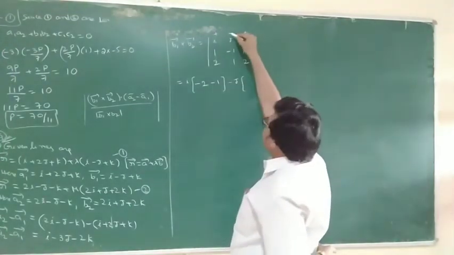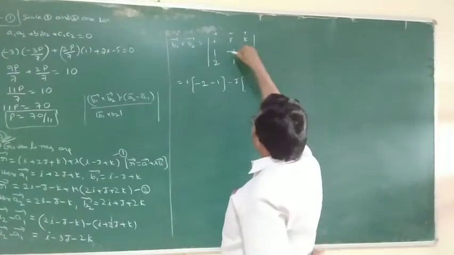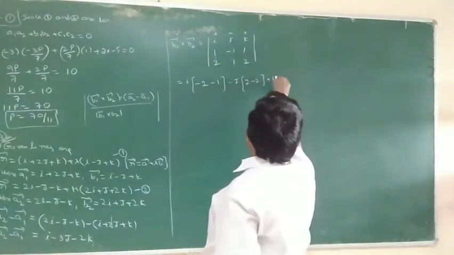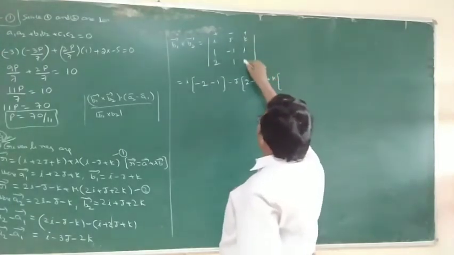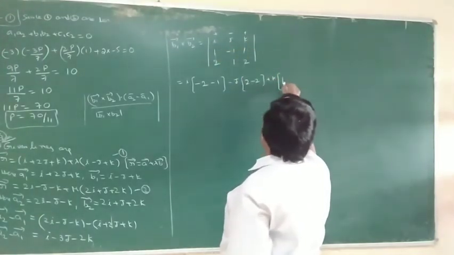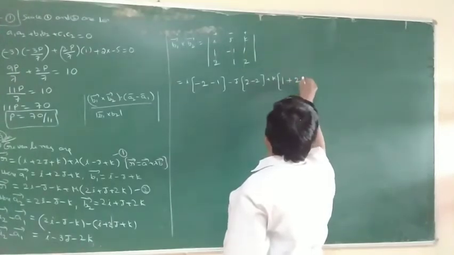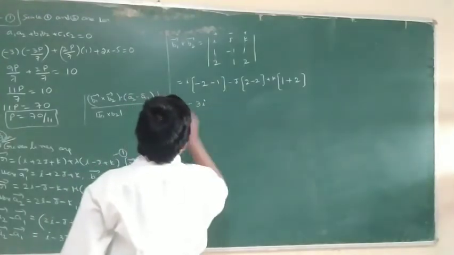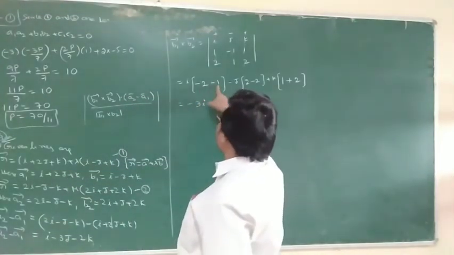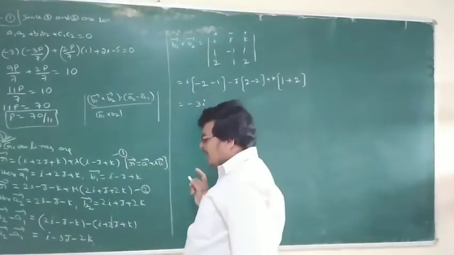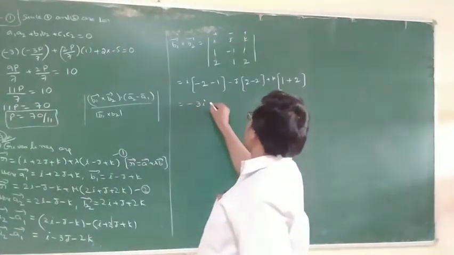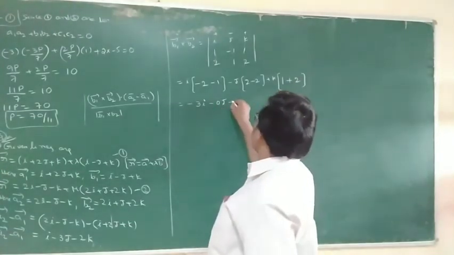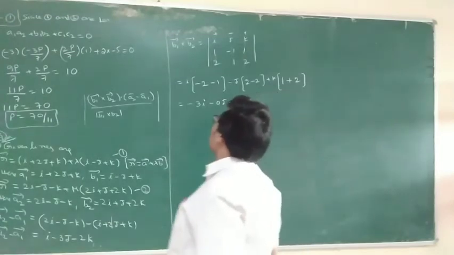Minus j into the corresponding column and row: 1 into 2 minus 2 into 1, 2 minus 2 is 0. Plus k into 1 into 1 minus minus 2, plus 2. So that is equal to minus 3i minus 0j plus 3k.